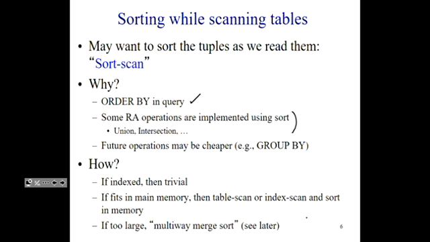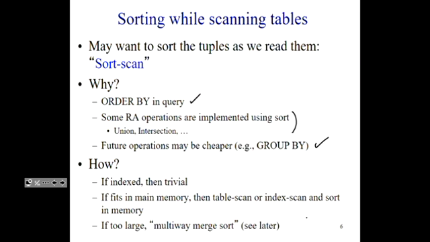So union and intersection require you to perform some kind of sorting, so it's useful to do that before the union operation is done. Lastly, some other operations may actually be cheaper. If you wanted to do a group by, or a join, these operations may be cheaper if you are sorting the relation as you're scanning it.